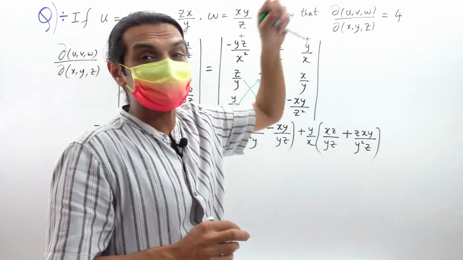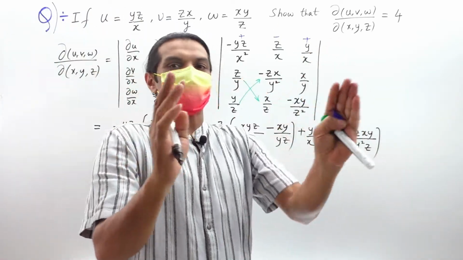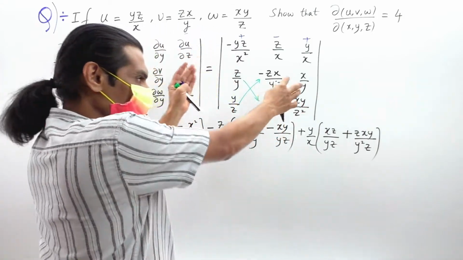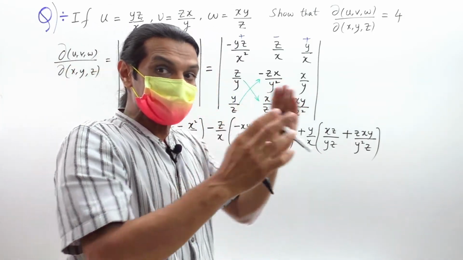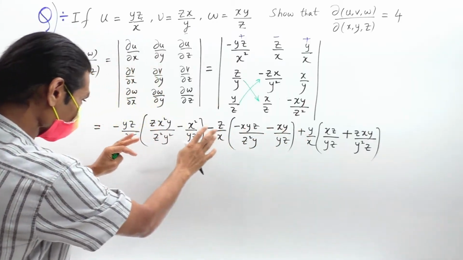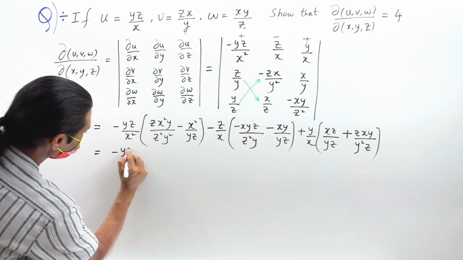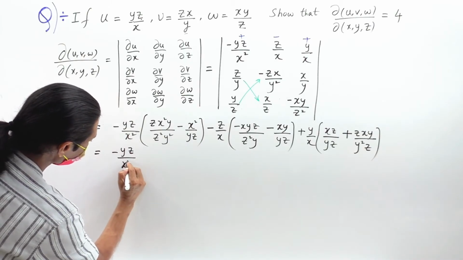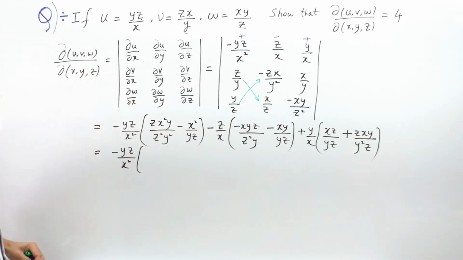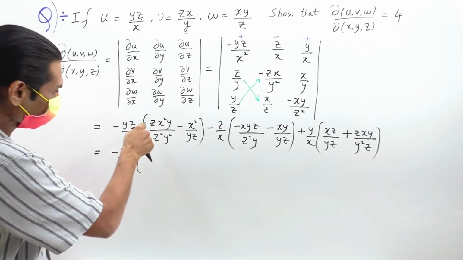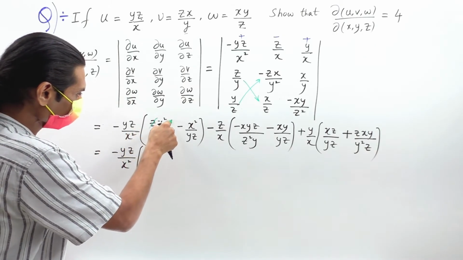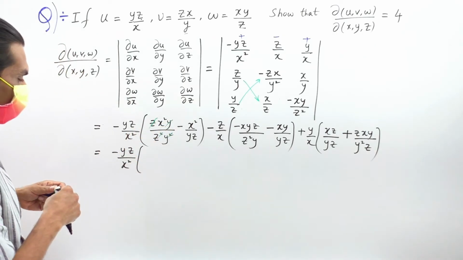We need to get the result as 4. Okay, let us do it step by step. I hope you got up to here. Again, please lend your ears to what I am doing. See, simplification. So this will be minus yz by x square into, here z, 1 z cancels, y, 1 y cancels. What remains?